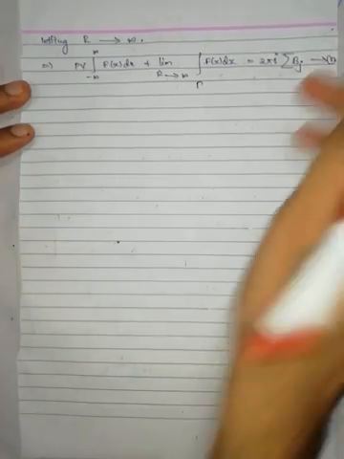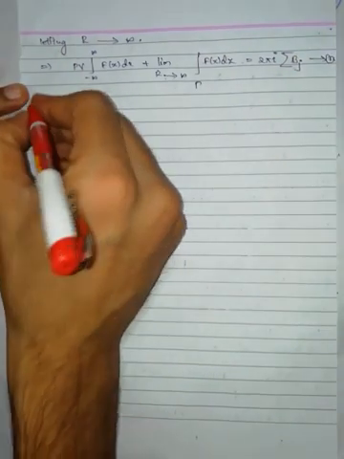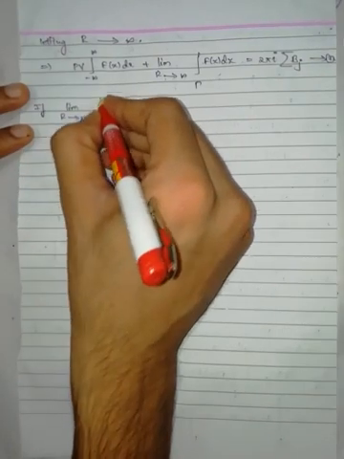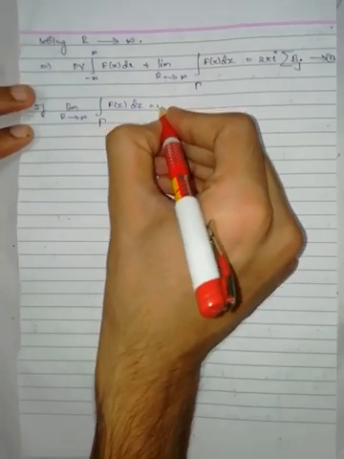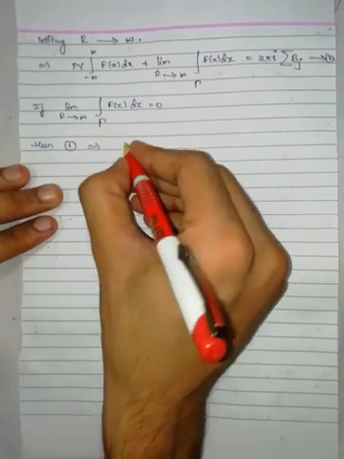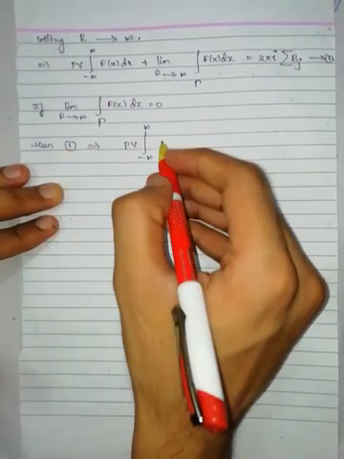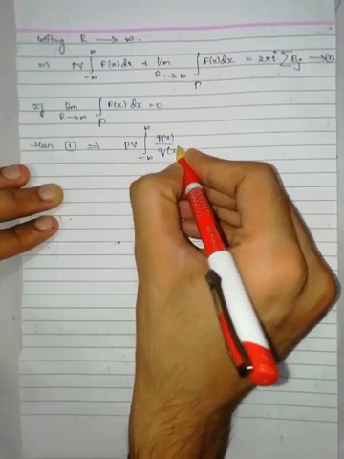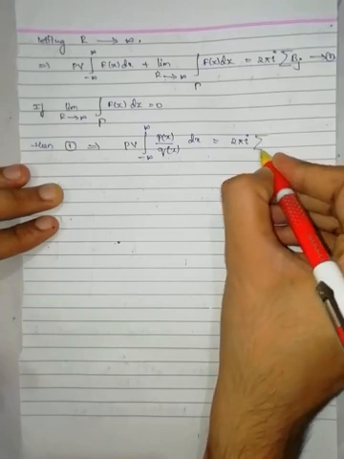Equation number 1. If this part becomes 0, then we get this one equal to this one. If the limit as R tends to infinity of the integration over capital Gamma of capital F of z dz is equal to 0, then equation 1 implies the principal value of the integration from minus infinity to infinity of F of x, which is P of x by Q of x dx, is equal to 2 pi i times the sum of the residues.